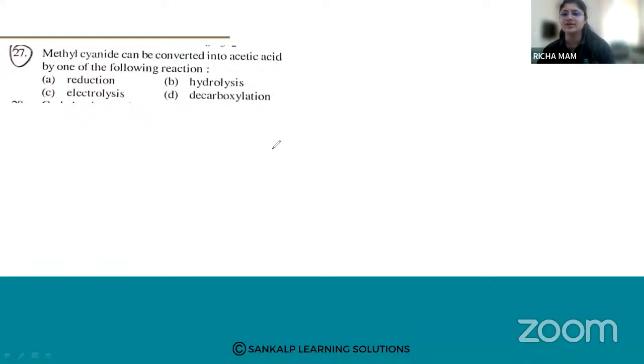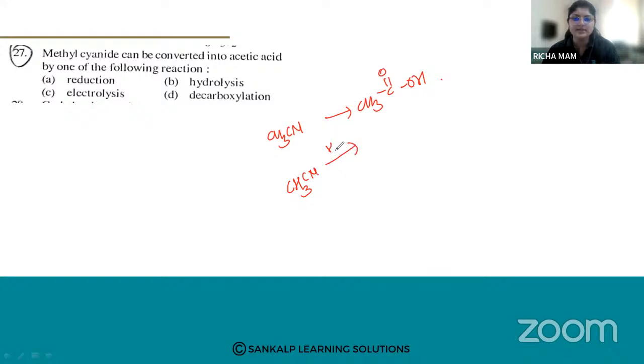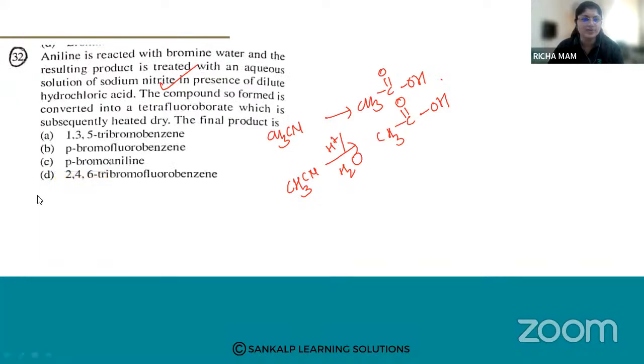How? If you do acid hydrolysis, the CN group is converted into C double bond O and OH. So option B, hydrolysis, is the correct answer. Let us go for the next one.